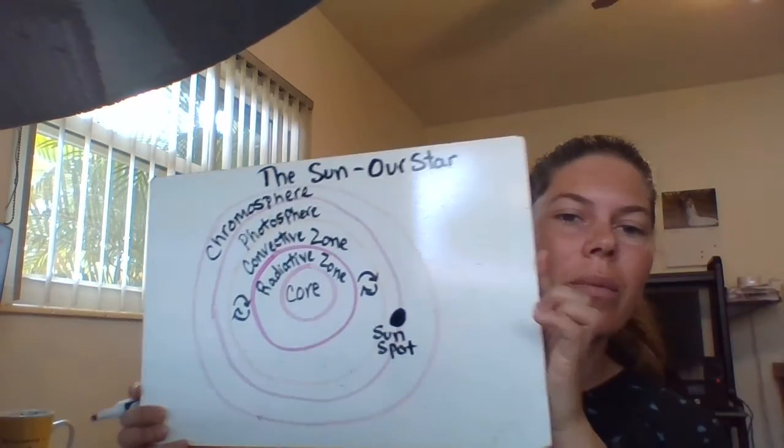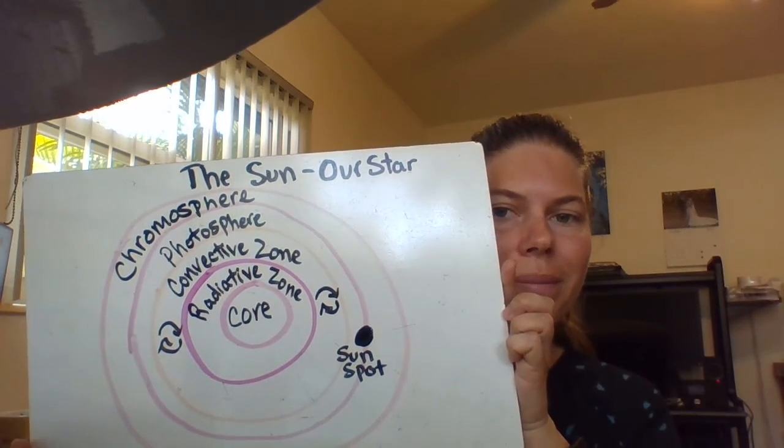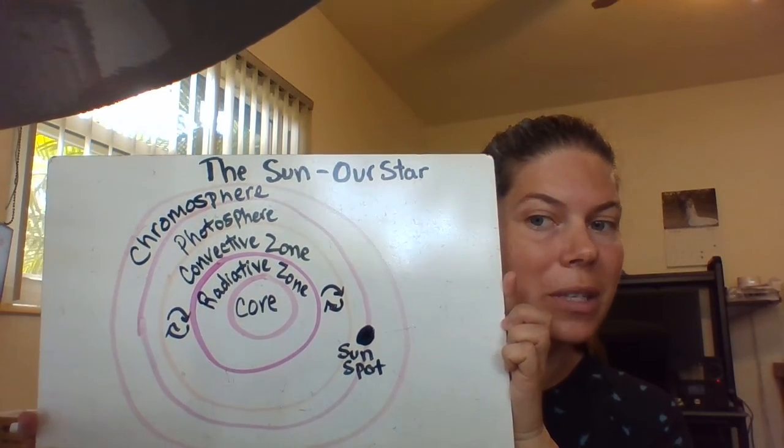But first, the first layer of the atmosphere is called the chromosphere. So here we are. We have the chromosphere, and that's the first layer of the atmosphere.